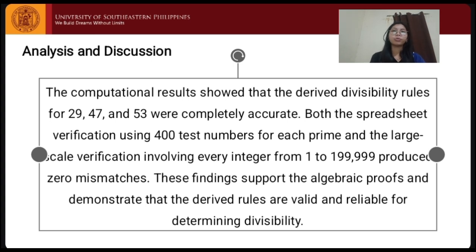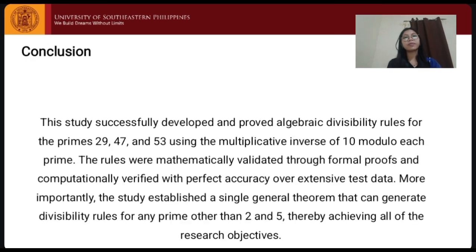So, in conclusion, this investigation successfully developed divisibility rules for the prime numbers 29, 47, and 53 using modular arithmetic and multiplicative inverse. Each rule was mathematically proven through formal congruence proof and computationally verified with perfect accuracy.